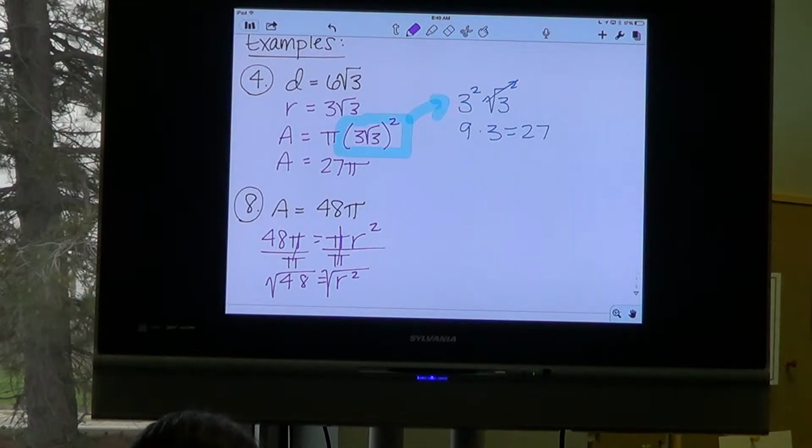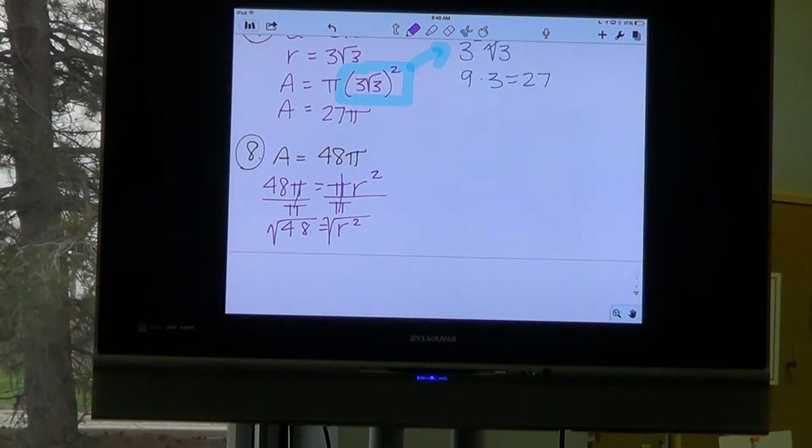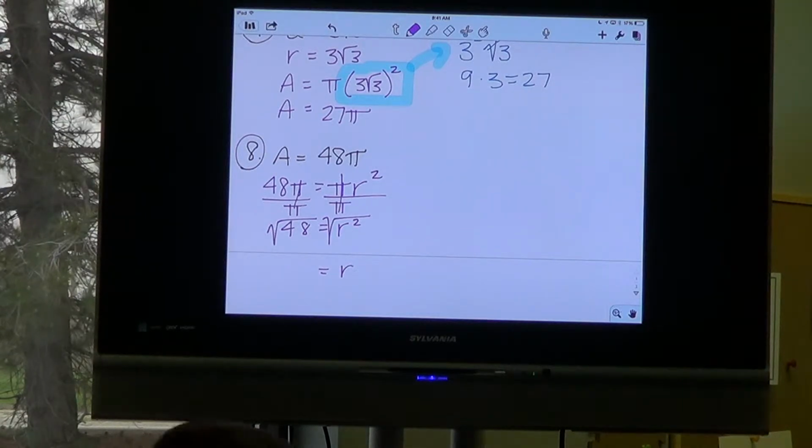which will not be a nice number, but what would that be in simplest radical form? 7. Hmm? 7. If you rounded it, it would be nearly 7, yes. But what would it be exactly in simplest radical form? Sorry? 4 root 3. 4 root 3?